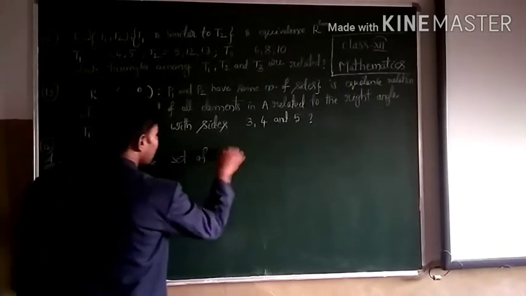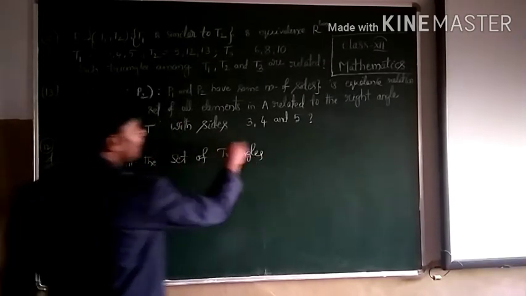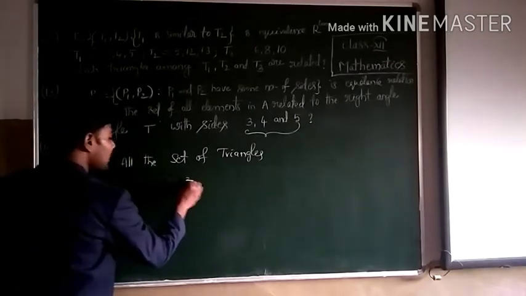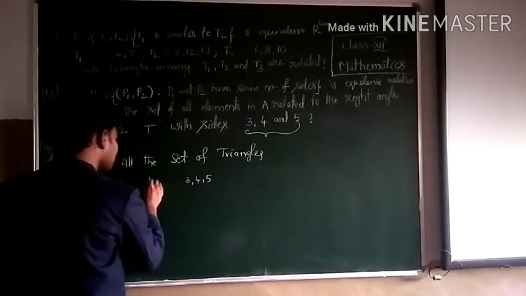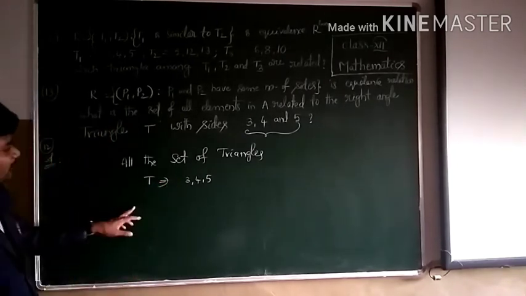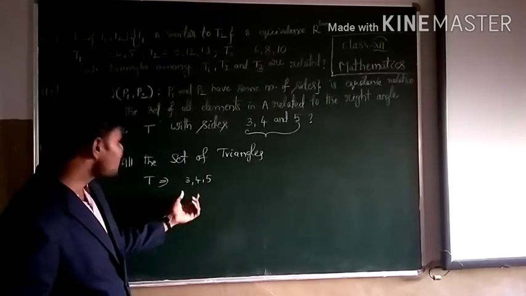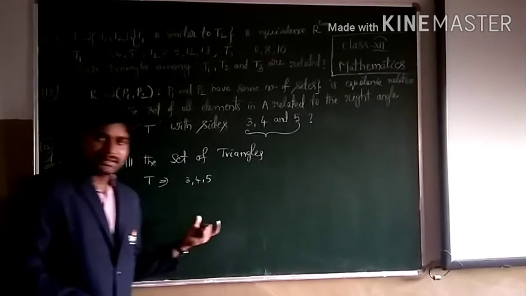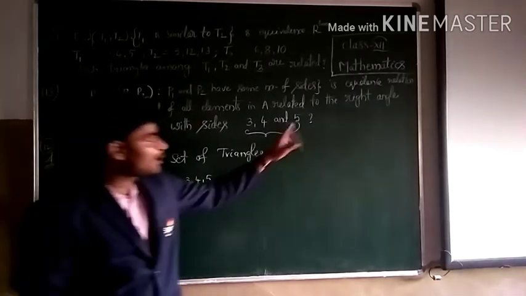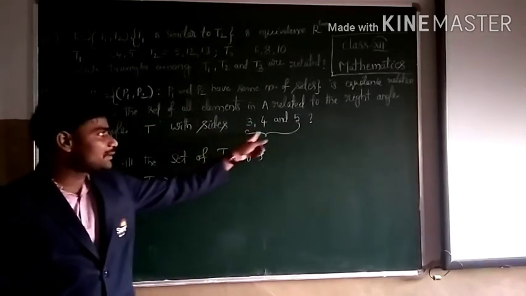Because the triangle has how many measurements? 3 measurements, so 3, 4 and 5. A triangle having these 3 measures is also a polygon, but it has only 3 sides. So the set of all triangles are related to the right angle triangle with the sides 3, 4 and 5.